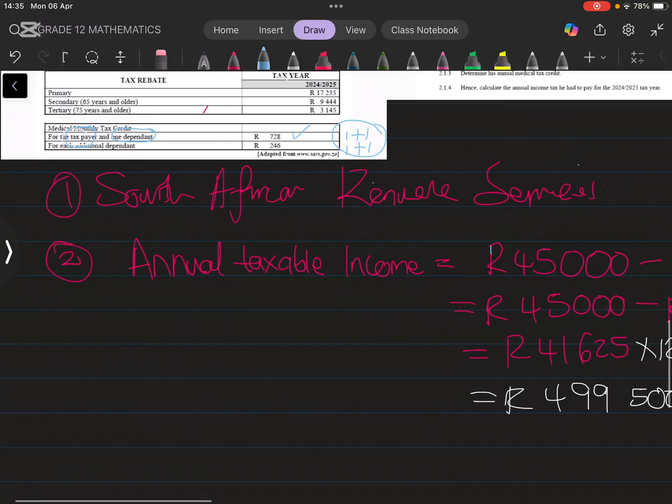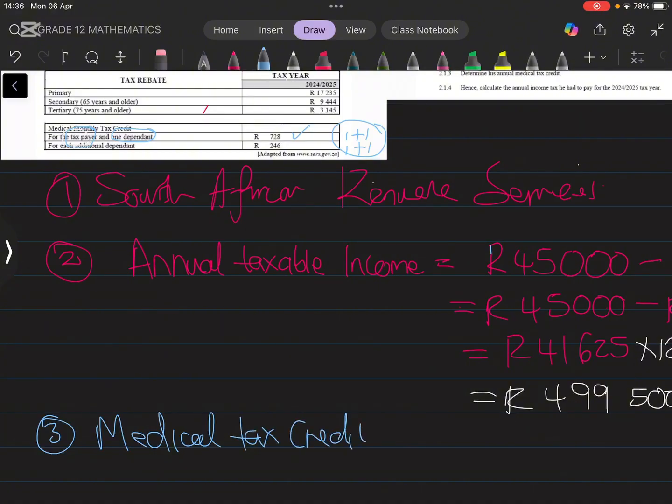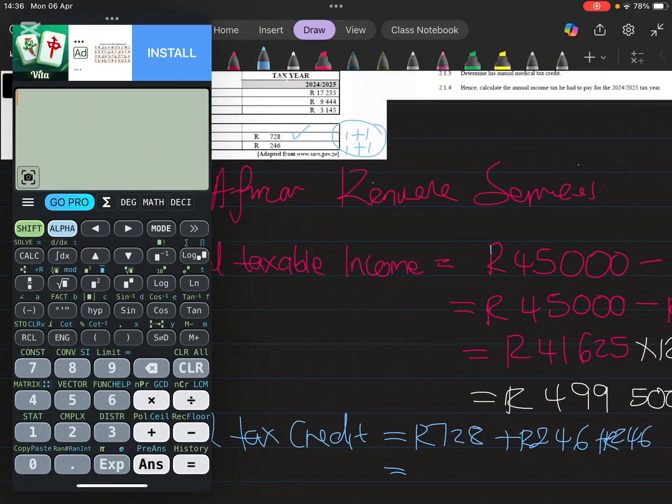Altogether they are 4. So now to calculate number 3, his medical tax credit, we're going to have: him and one dependent, that is 728, plus, now we're left with 2, that will be 246, plus 246 again, that is rand, talking about money.